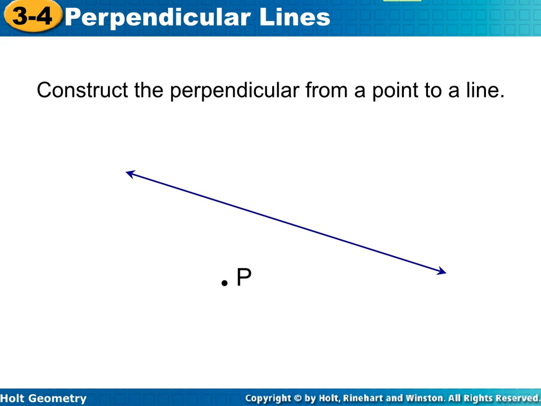Make sense? Basically the same construction, but that starting point is in a different location. Then we did the perpendicular bisector earlier, so we've got 3 ways to come up with perpendiculars right now.